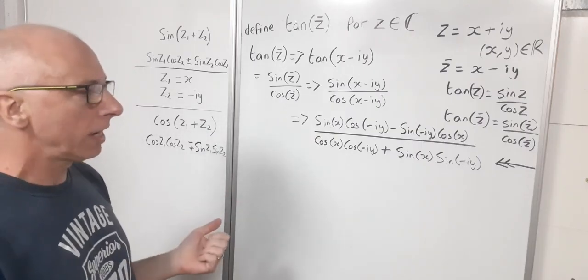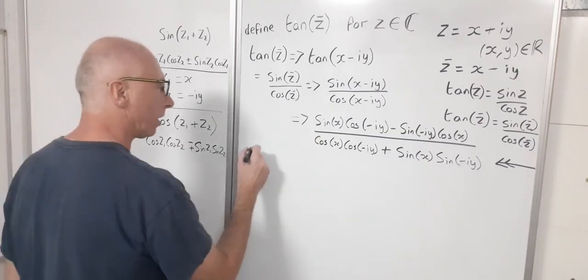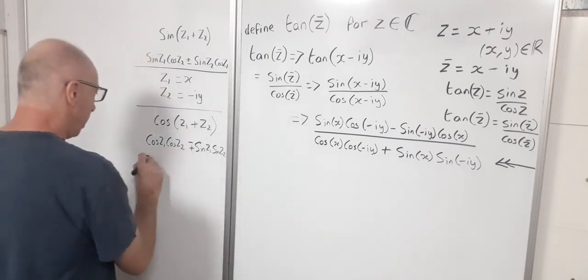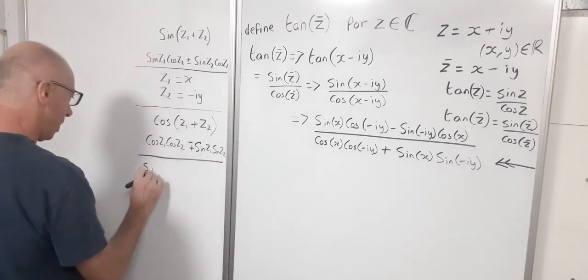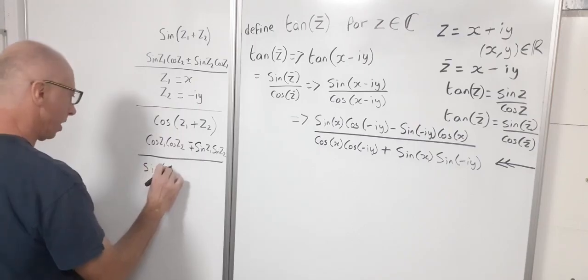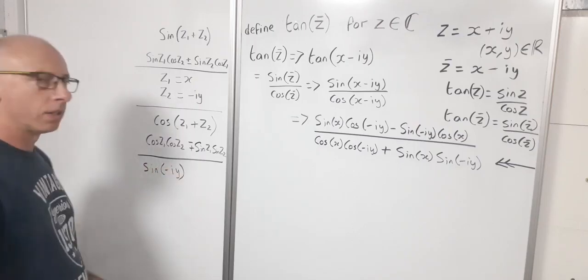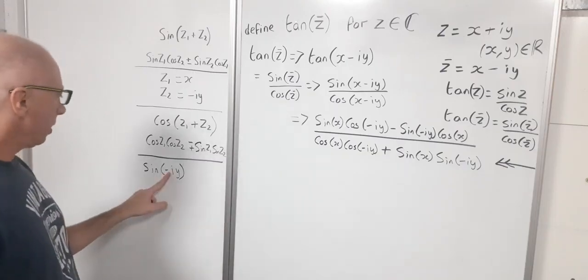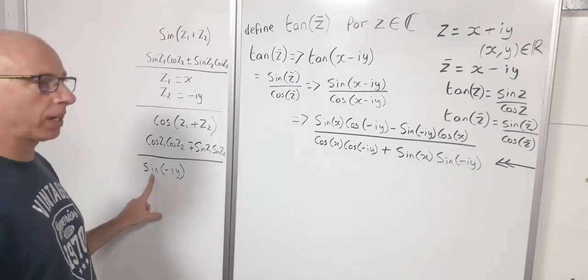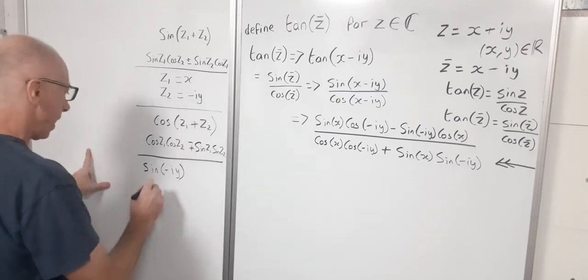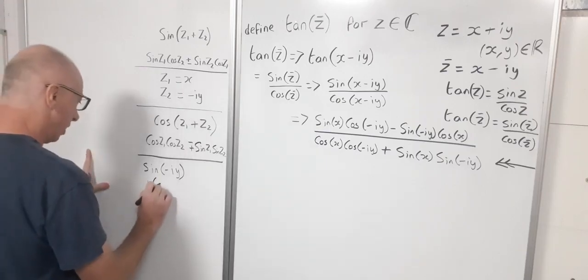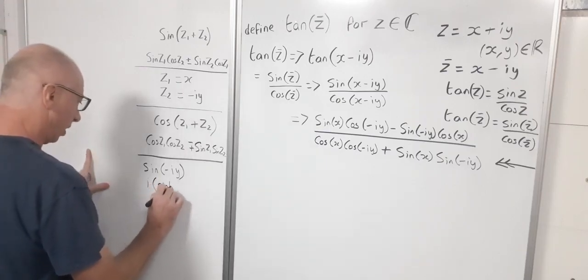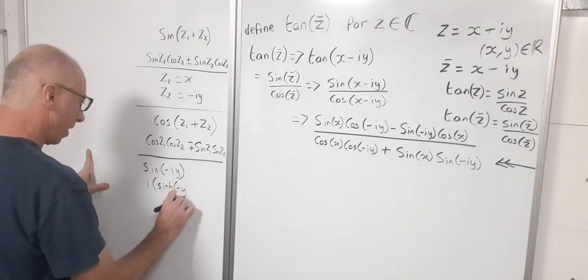So first of all, let's deal with sine of minus IY. So let's put that on here. Sine of minus IY. So what can we do with that? Now, you can bring this I out and turn it into sinh. So now I've got I sinh of minus y.